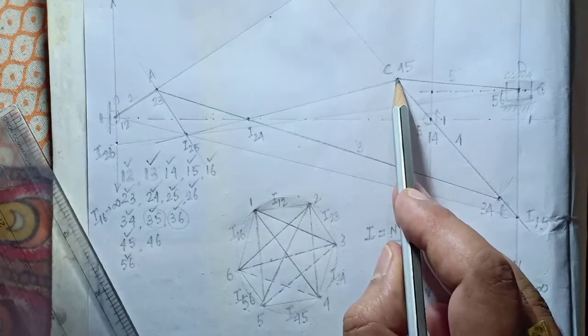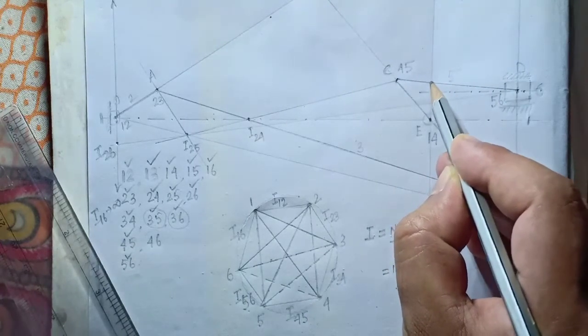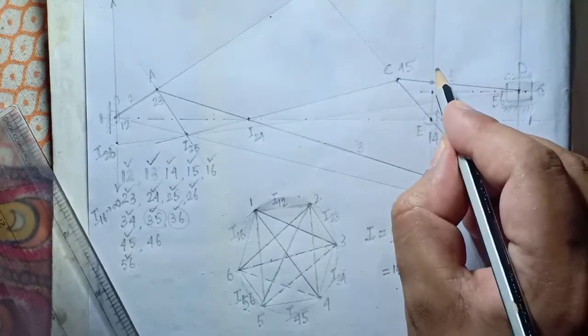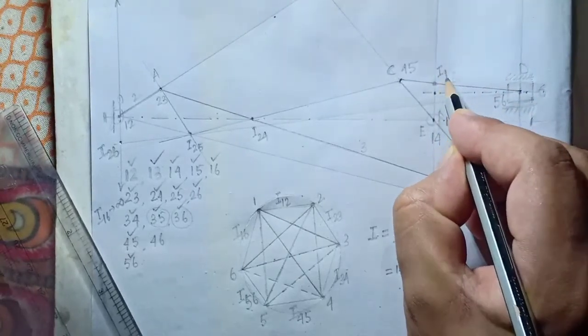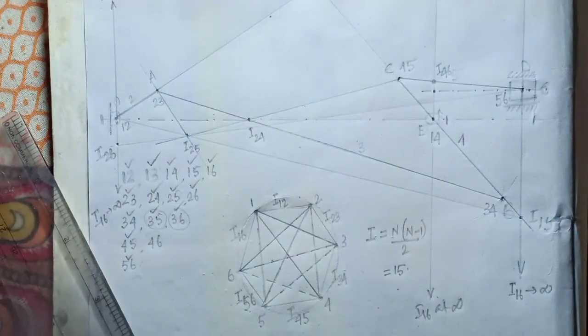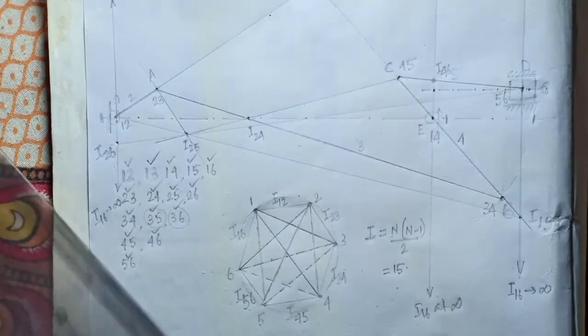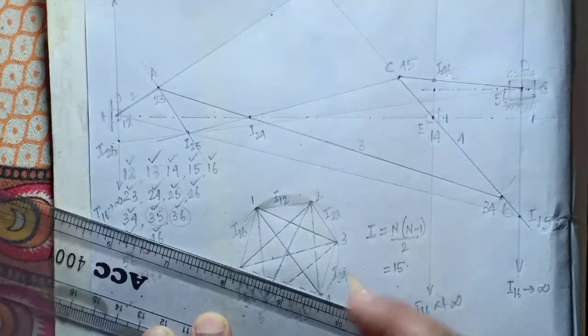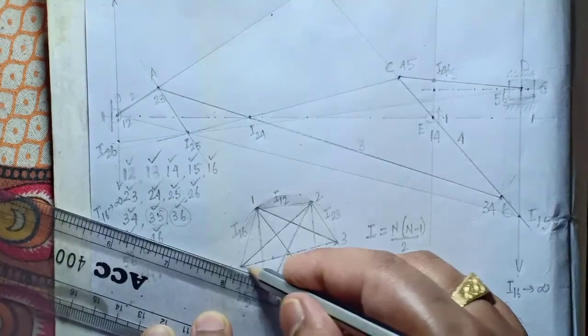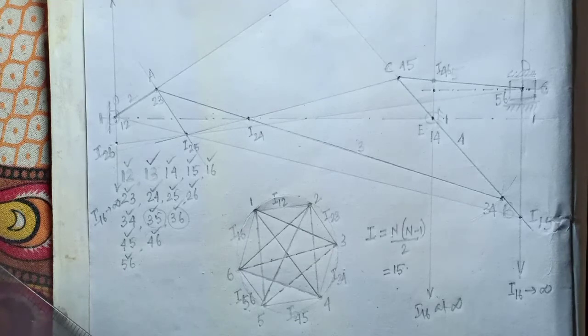So this point will be the instantaneous center I46. So this will be a known value. Like this way we can show each and every instantaneous center of any mechanism.